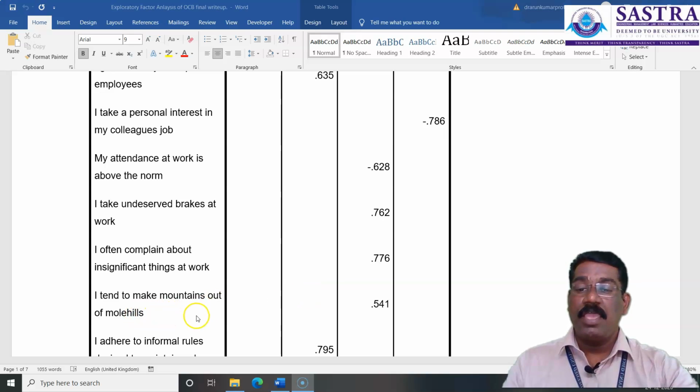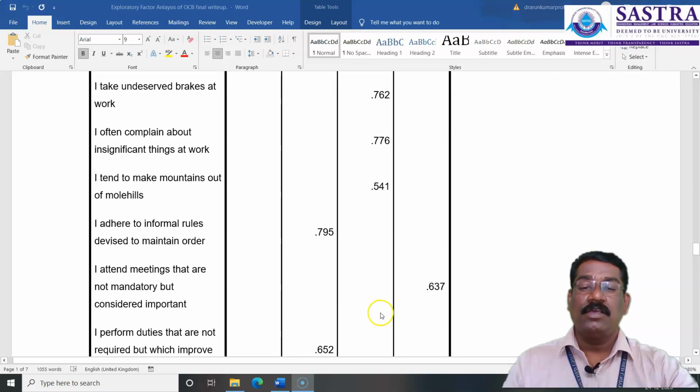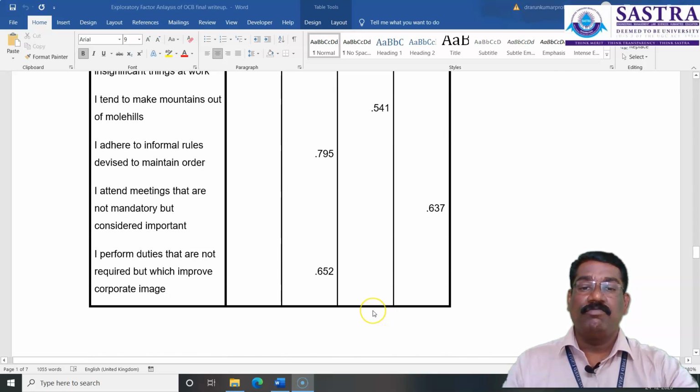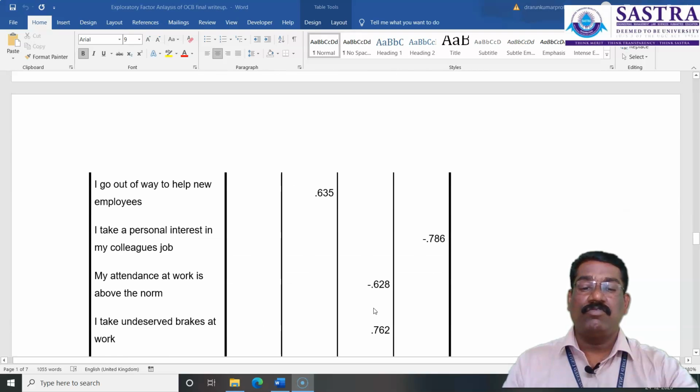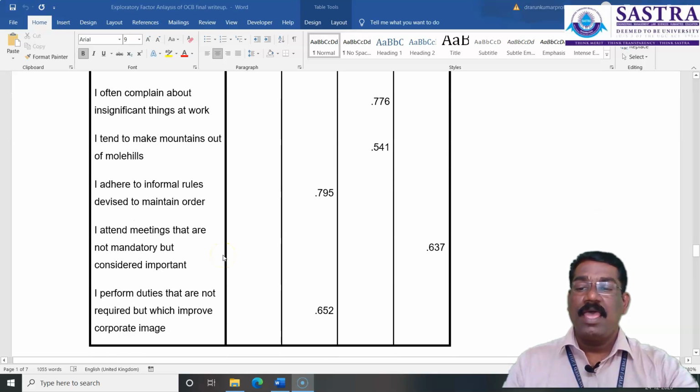And I tend to make mountains out of molehills, that also got loaded in the third factor. And similarly, we got two variables loaded in the fourth factor. That is, I take personal interest in my colleagues' jobs, and I attend meetings that are not mandatory but considered important. So these are the two variables loaded in factor 4.